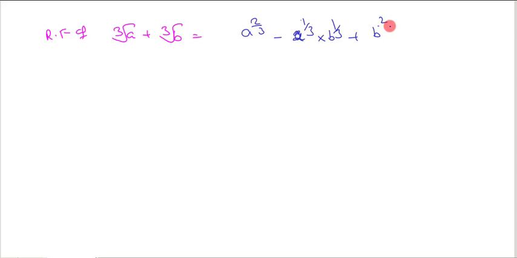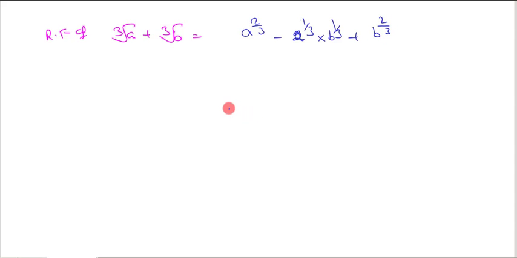That means here the rationalizing factor of cubic root of a plus cubic root of b is equal to a to the power of 2 by 3 minus a to the power of 1 by 3 into b to the power of 1 by 3 plus b to the power of 2 by 3.